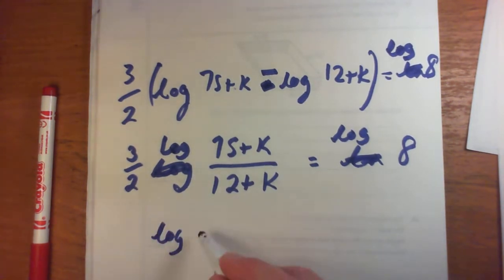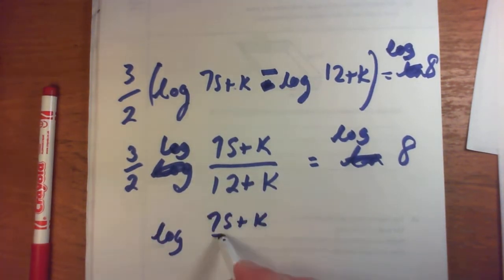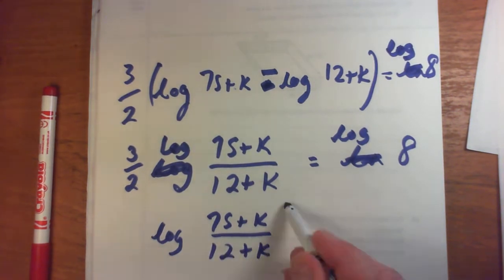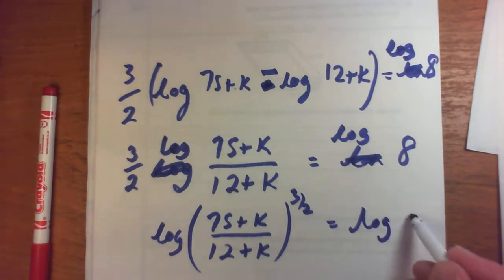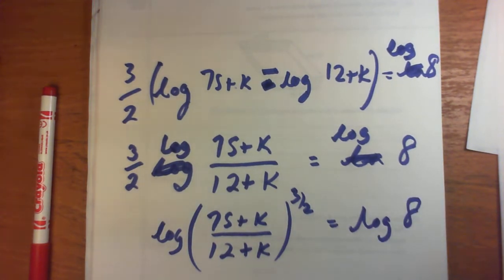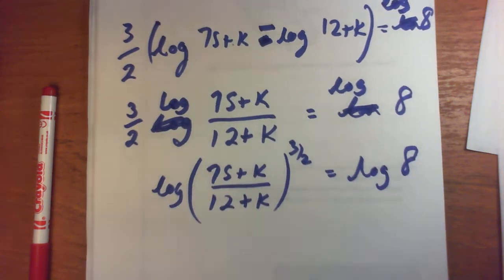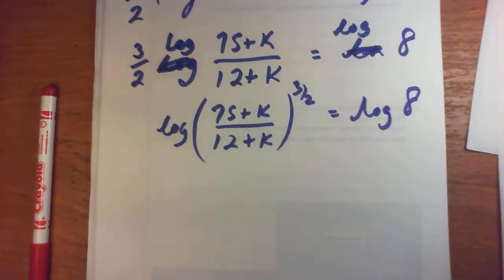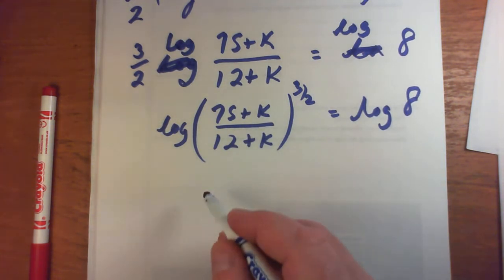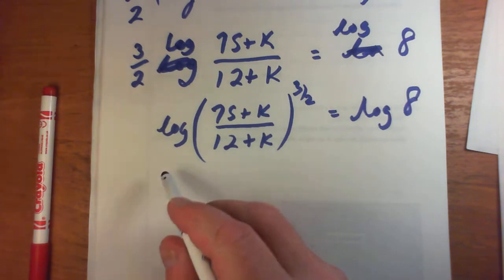So you'd have log of 75 plus k over 12 plus k to the power 3 over 2 equals log 8. Which is correct, and you could anti-log that now because you've got logs on both sides, but you're going to have hassle with the arithmetic with this index basically.